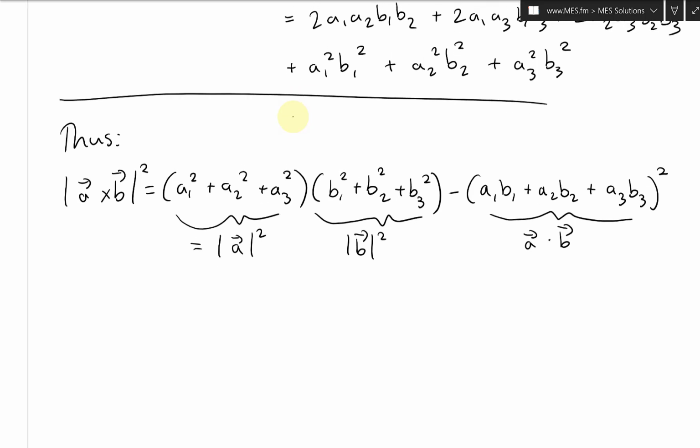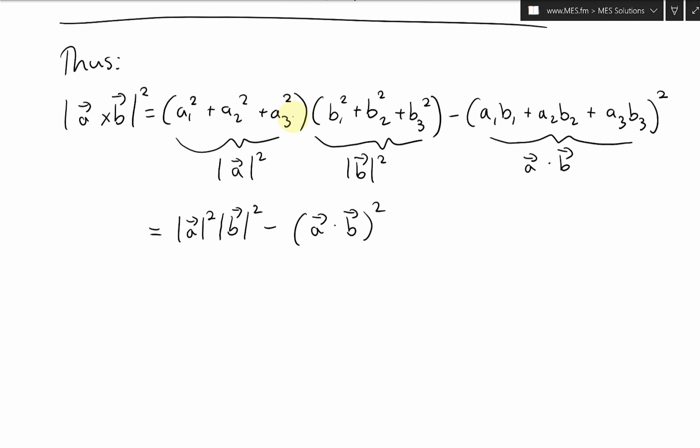So what we get is, well, this whole thing is equal to, let's put an arrow, so I'll just leave it like that. This equals the length of the a vector squared, the length of b squared, then minus this, all squared, the a dot b dot product squared, like that.